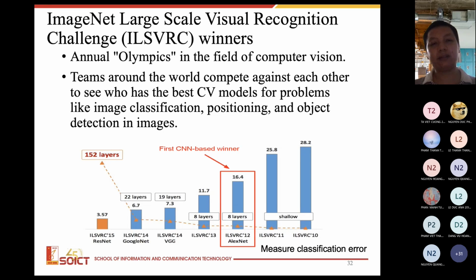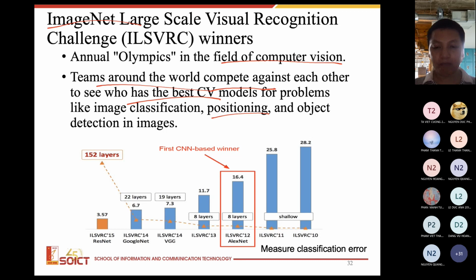People consider that challenge as the annual Olympics in the field of computer science, and teams around the world compete against each other to see who has the best model for problems like image classification, localization, and object detection in images. For the dataset, usually the number of classes is 1,000. It's big, right?